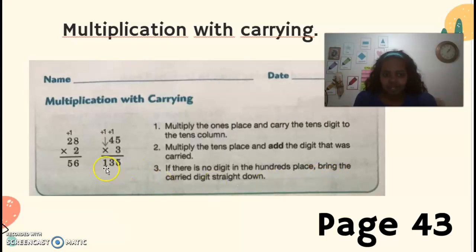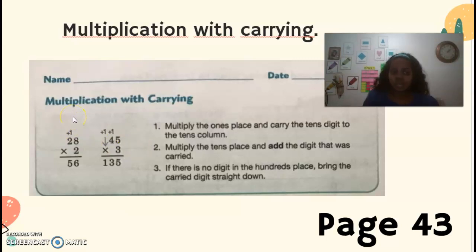Okay, let's start. So, 2 times 8, how much is it? 16, very good. So we're going to write the number 6 here, and on the number 2 we are going to write 1, and we're going to write a plus sign.